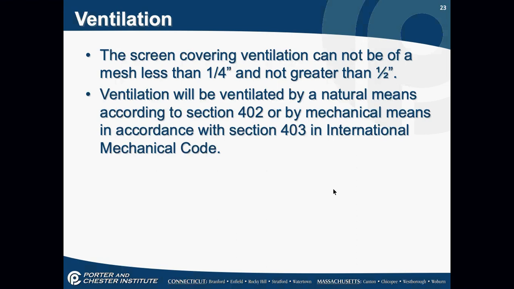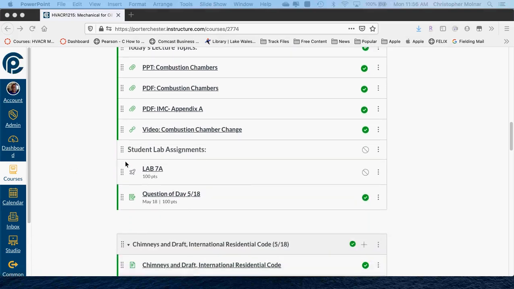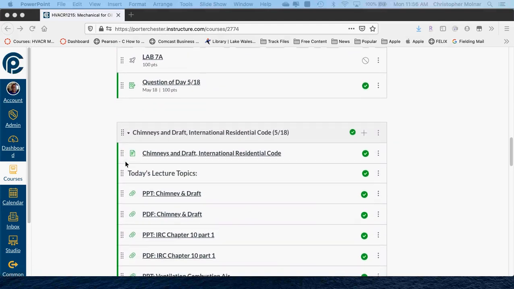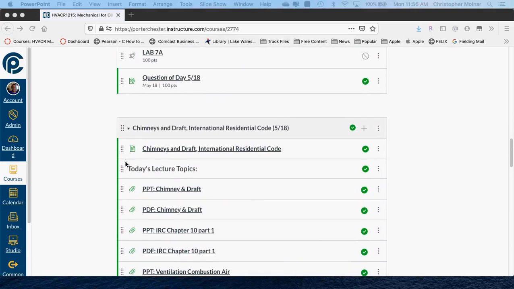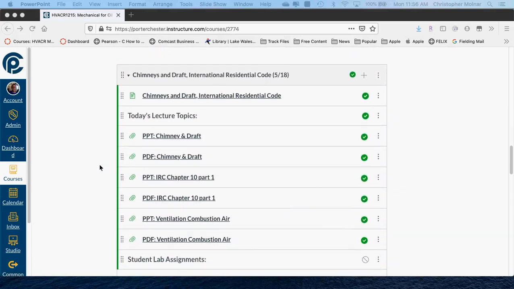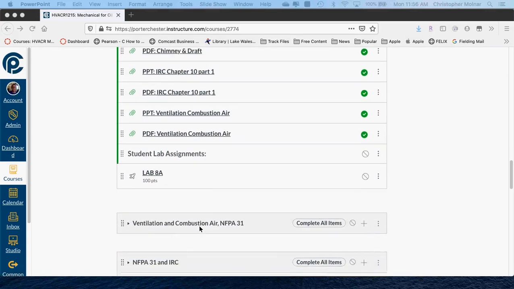Okay, so looking at our course, looking at where we are at. I've talked a little bit about International Residential Code. We talked about combustion chambers. We talked about chimney and draft. We've talked about ventilation and combustion air.